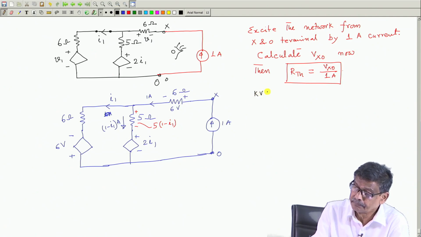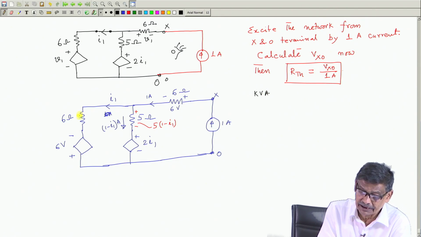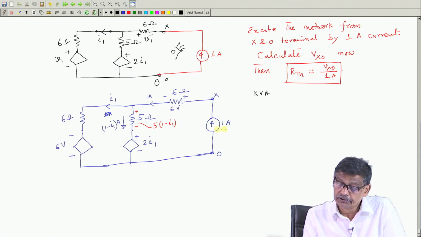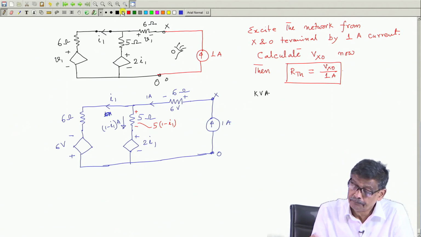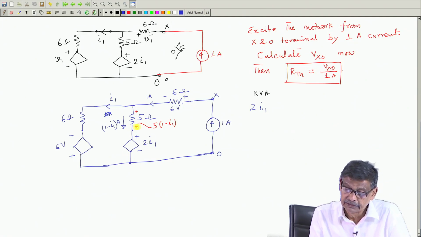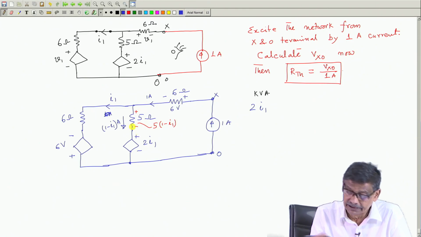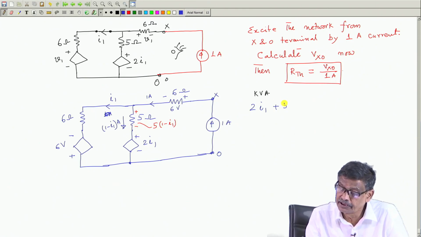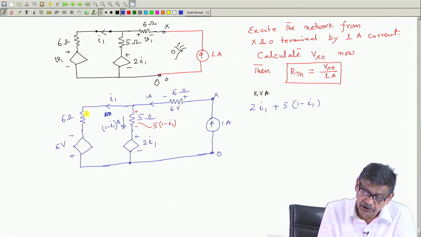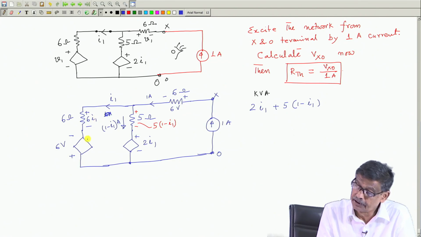I am not naming the loops, I am identifying the loop in this way. So, it will be 2 I 1, start your journey from this point, from this to this minus 2 plus, then from this to this also minus 2 plus. So, write plus 5 into 1 minus I 1, you reach this point, and from this to this the voltage drop will be 6 I 1 with I 1 flowing like this, plus to minus.